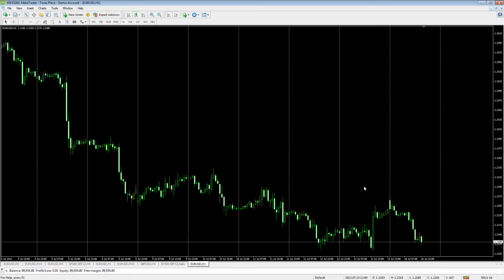And the reason I'm teaching it today is, again, because the euro dollar gave this pattern, and I noticed this pattern a long time ago, and every time I see it, I see that it works pretty well. Obviously not 100% of the time, but it really works well.